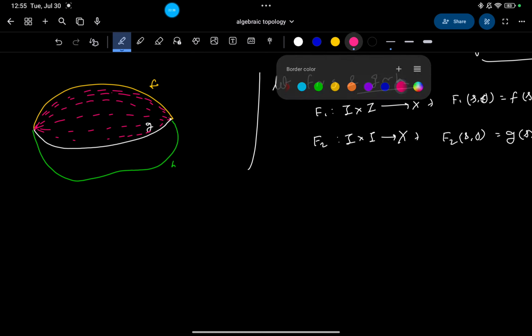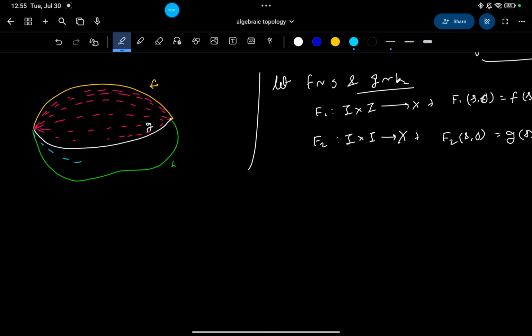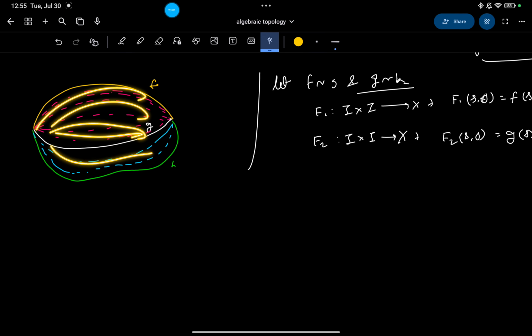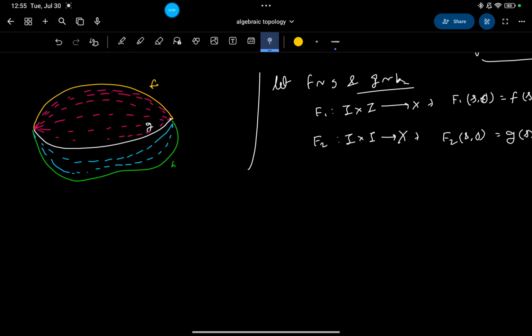And let us consider these are the intermediate steps from g to h. So I will traverse from f to g by F1 and then from g to h by F2. Once I concatenate all these intermediate steps, that means by the first half of the time I will traverse from f to g, and by the next half of the time I will traverse from g to h via F2.